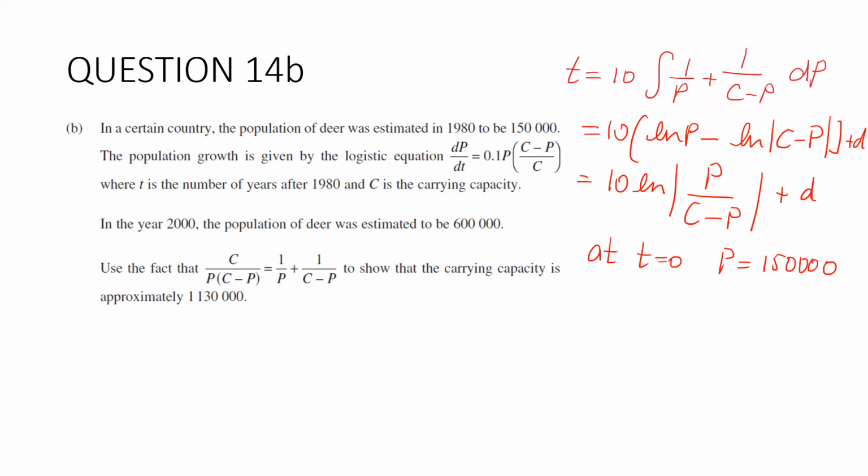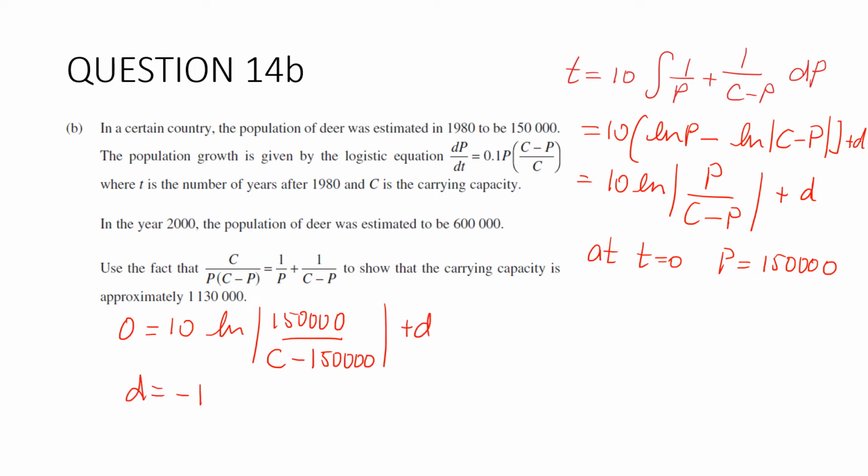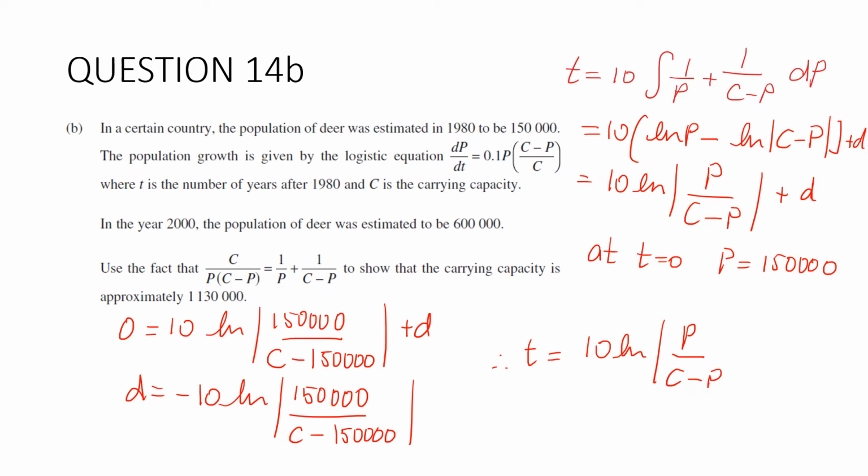Substituting it in, 0 equals 10 ln 150,000 over (C minus 150,000) plus D, and so D equals negative 10 ln 150,000 over (C minus 150,000). Therefore t equals 10 ln P on (C minus P) minus 10 ln 150,000 on (C minus 150,000).